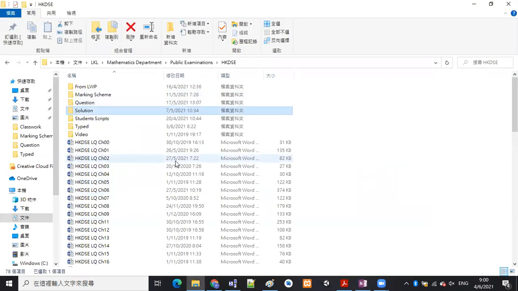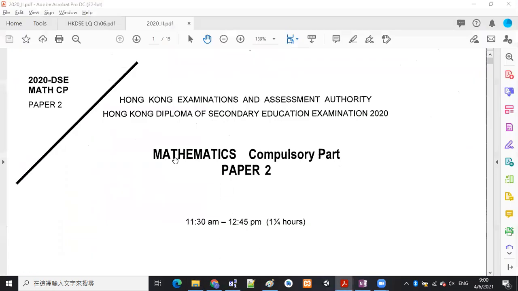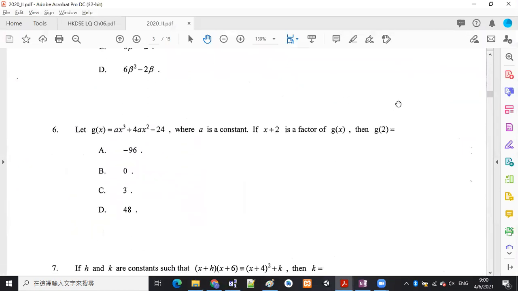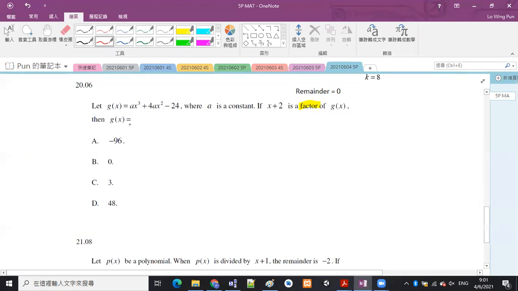No, it's my typing. It should be, what is the question number? 20.06. Yes, it should be G2, not GX. Okay, sorry about this. Question should ask you to find G2, not GX. This should be G2. Okay, sorry about this.